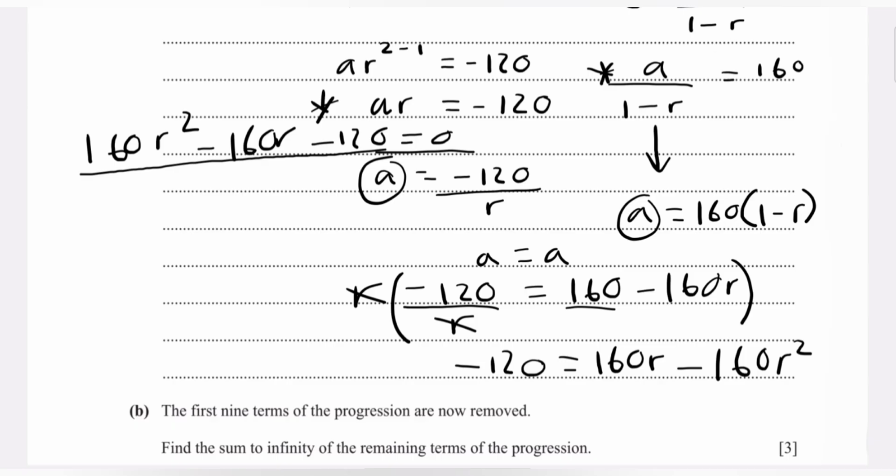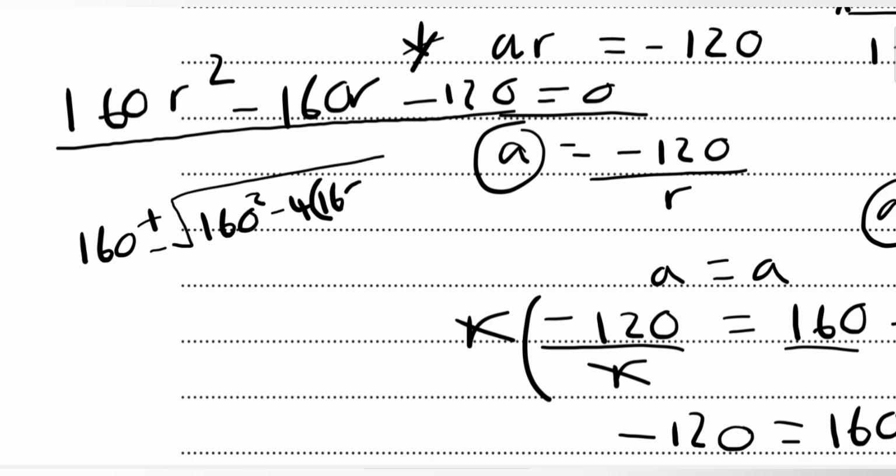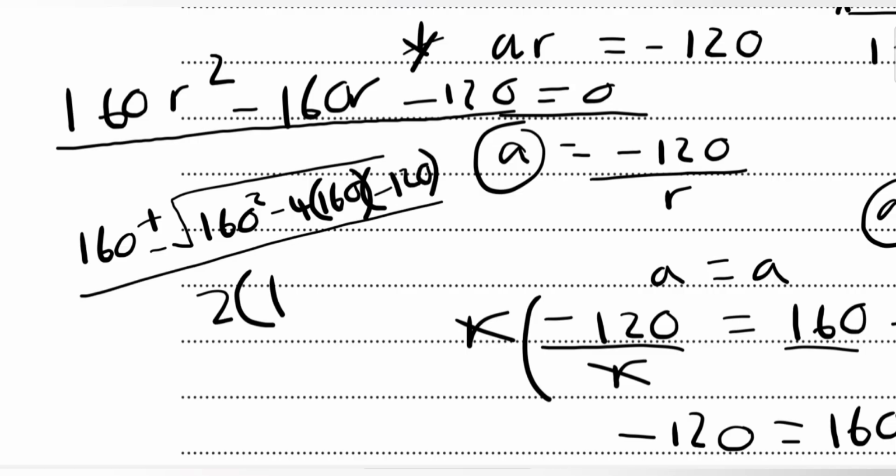In solving that using our quadratic formula, that will be 160 plus or minus root of 160 squared minus 4, our a 160, then our c is minus 120, over 2a. And this gives us 160 plus root of 160 squared minus 4 times 160 times minus 120 over this.